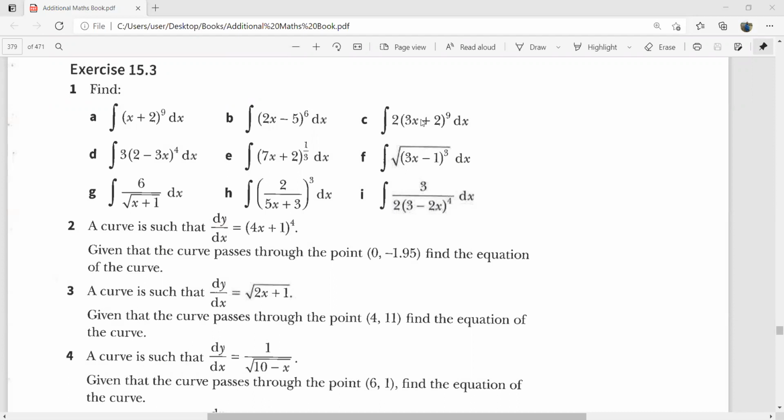So remember, your integration is very limited as far as expressions with powers are concerned. If you have an expression with a power, that expression can only be a linear expression. So that is good news for you people.